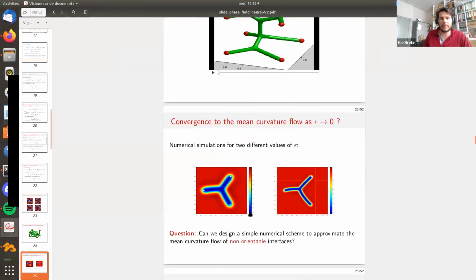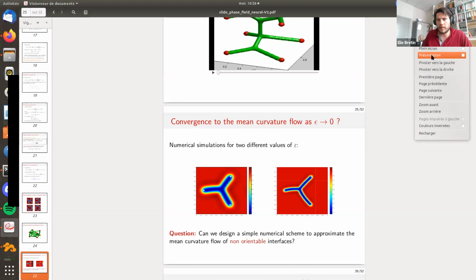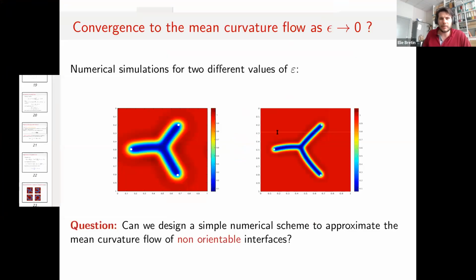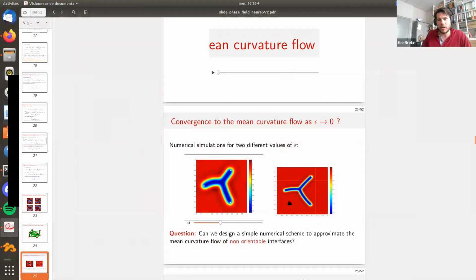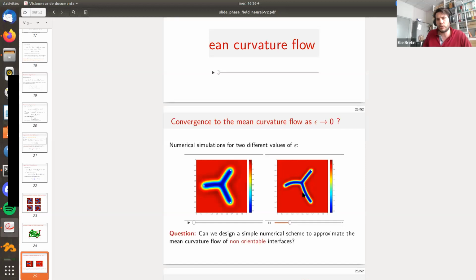And if you consider an initial condition, which is fixed and depends on epsilon, you can see the evolution. And if you reduce the value of epsilon, you see another evolution. And the question to understand is finally the behavior of the interface, which should converge when epsilon goes to 0 to the mean curvature flow.